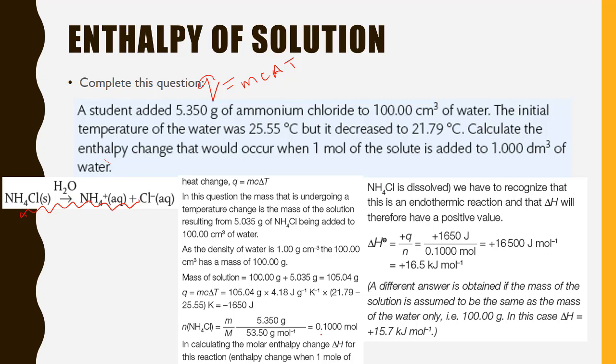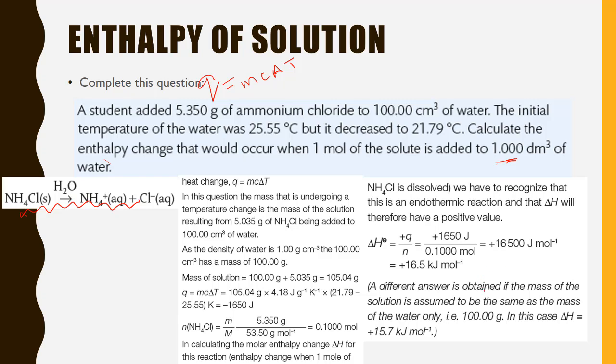Then the number of moles of ammonium chloride: since this was for 0.1 mole, we want to know what it would be for 1 mole entirely, because that's what the question asked. So we multiply the value, 1650, by 10, and it gives us 16,500 joules or 16.5 kilojoules that was absorbed.